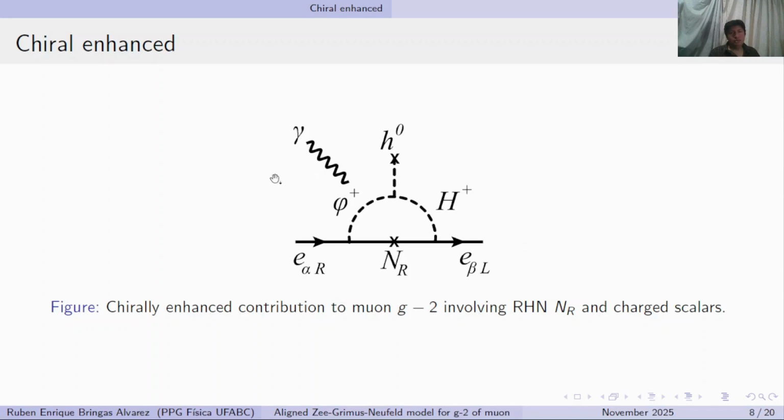When we use new models, an extension of the standard model, to correct g-2, we need to use this kind of contribution that uses the new particles that we add in our model, at a low scale, as necessary to correct the discrepancy. We cannot use too heavy particles for this, and this is necessary because we have here new couplings that we use to correct the discrepancy.